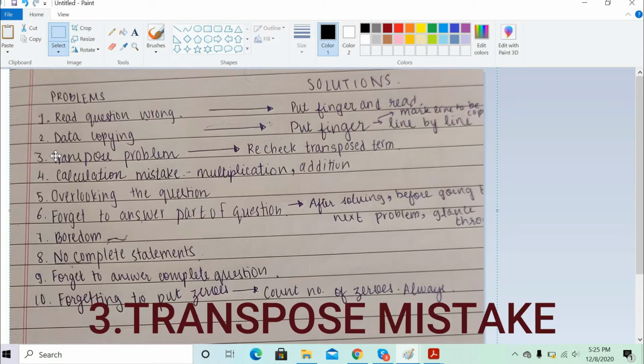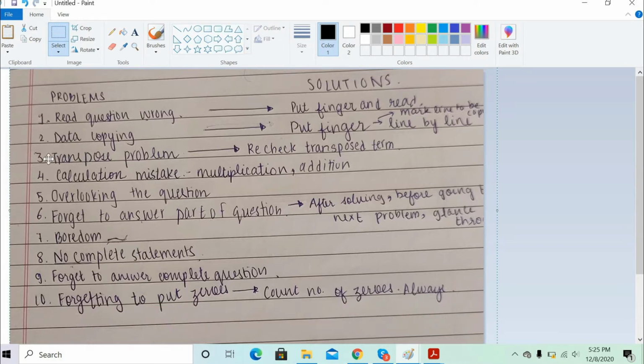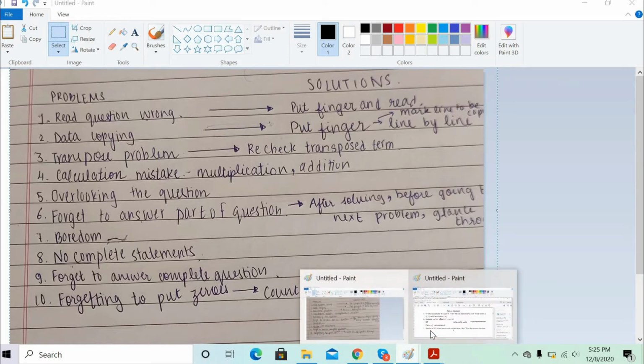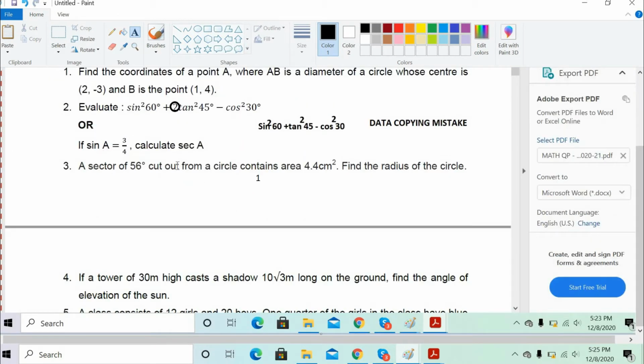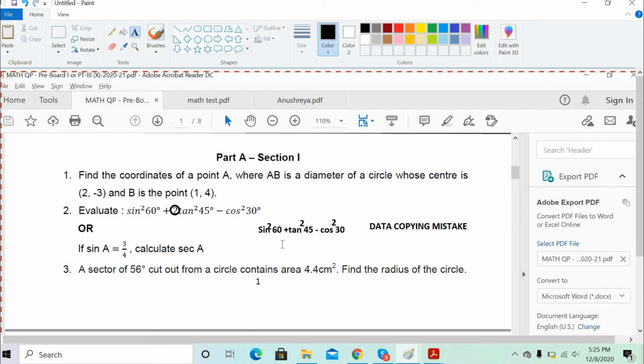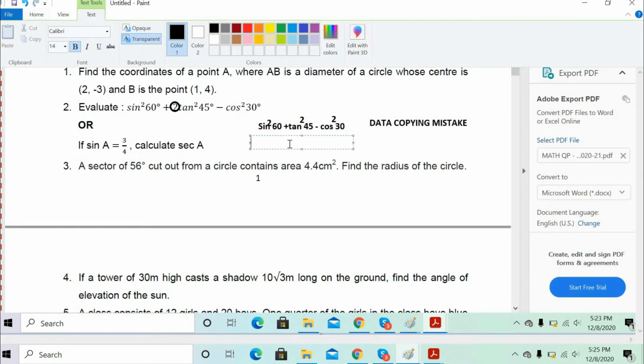The third kind of silly mistake is the transpose problem. So now let's understand what this transpose problem is. Whenever you want to switch the data, let's take an equation and see when a transpose problem can occur.